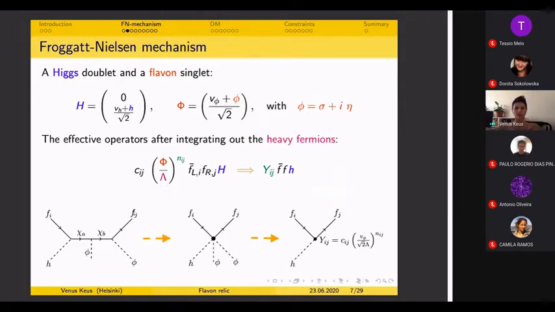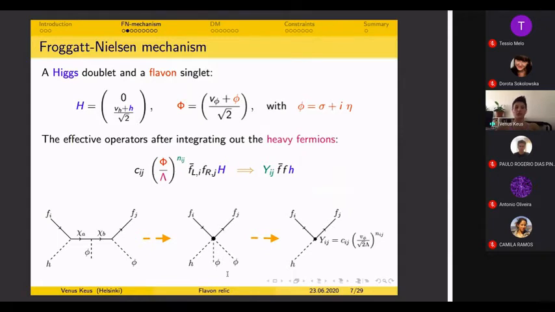This would be the diagram that represents that operator. When you integrate out these heavy fermions, chi A and chi B, the operator looks like a non-renormalizable, higher order operator of this type.